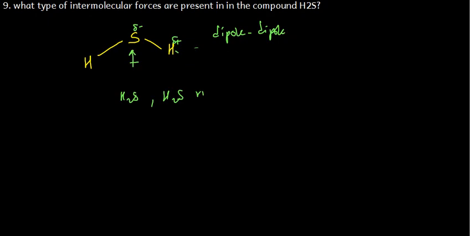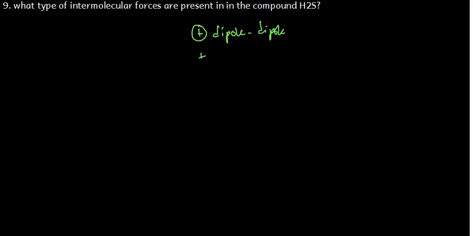What of another intermolecular force? Well, other intermolecular forces that this compound can undergo, for example, when you mix it with an ion, it can undergo ion to dipole because it's dipolar itself.